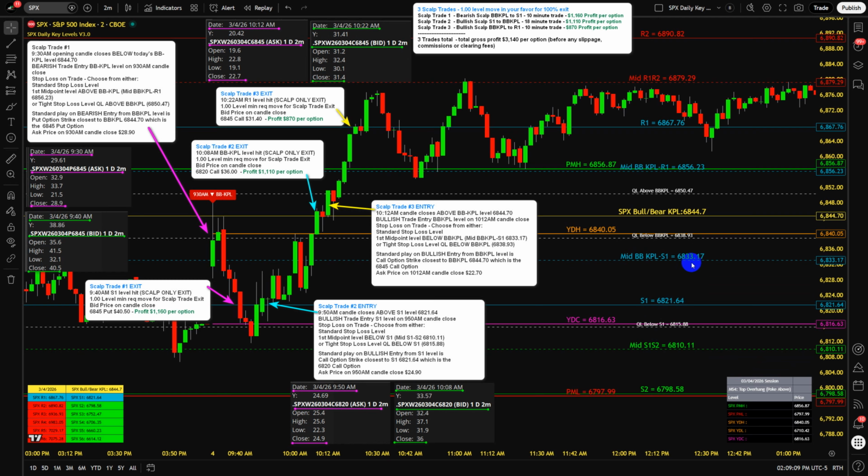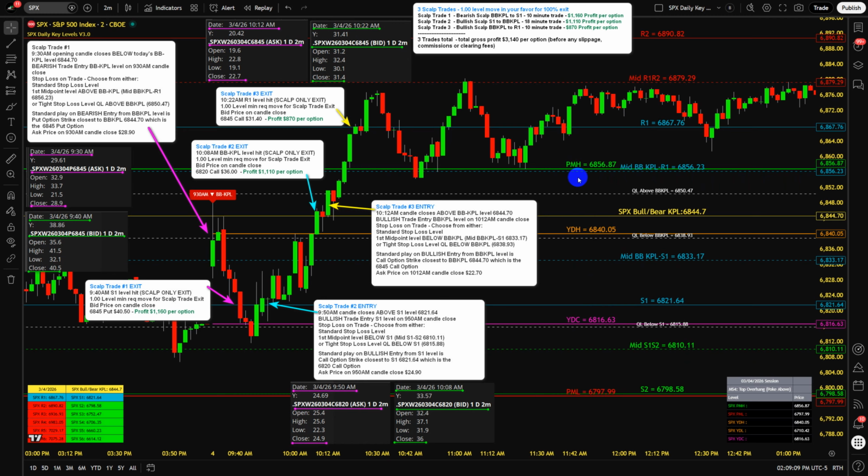So you can either take trades off of those main key levels, or you can also take trades off of the PMH, which is the pre-market high, the YDH, which is yesterday's daily high of the RTH session, YDC, which is yesterday's daily close of the RTH session, the PML level, which is the pre-market low for the current session.